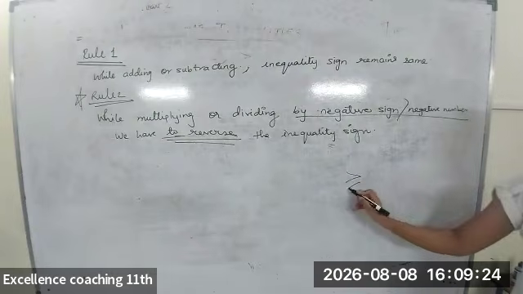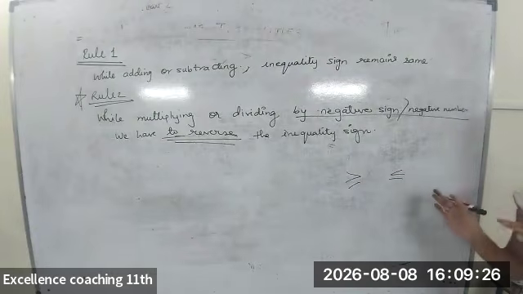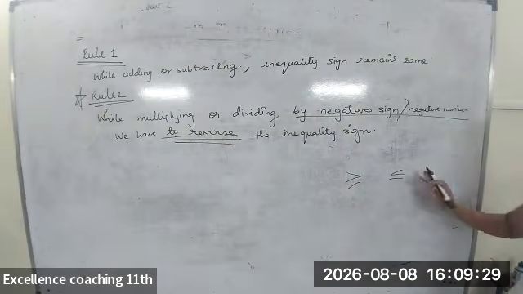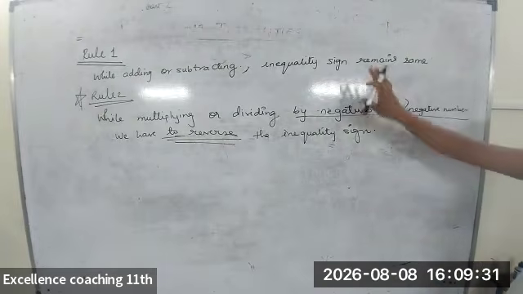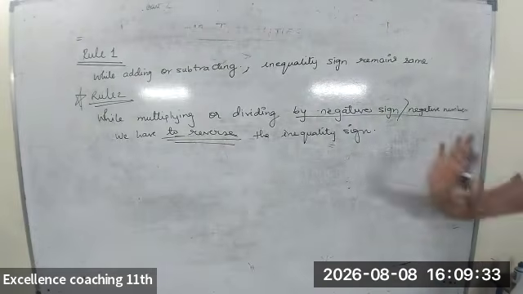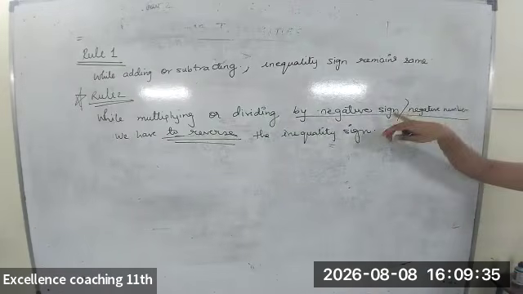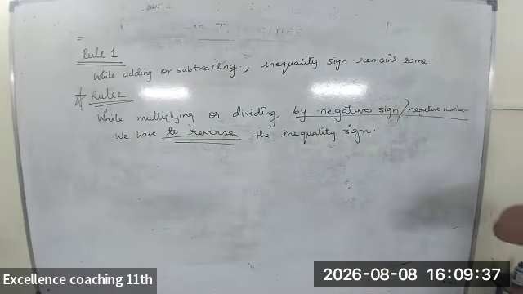It means if it is like this, then it will become the opposite: greater becomes less than. While solving problems, you will come across this anyway, and automatically you will remember the rule because we'll be solving many problems. So do not learn this by heart at all.